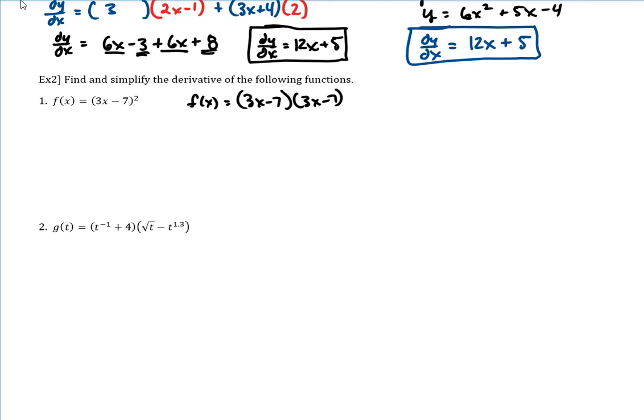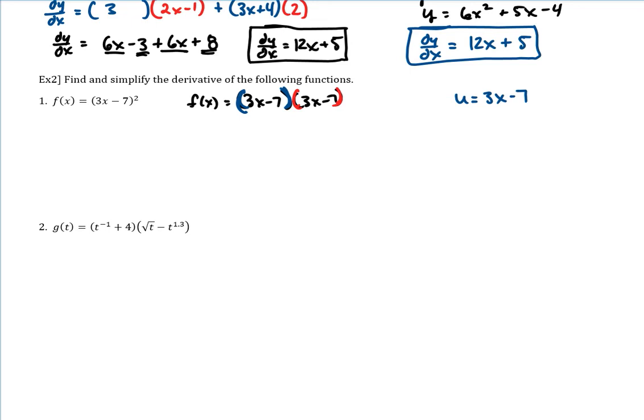So when you see that square, if we're using the product rule or if we're using the other method, we would still need to rewrite it. And then this is my u, and this is my v. I'm going to show this one with my colors still. Some students like to write it out like this. Here's my u, 3x minus 7.